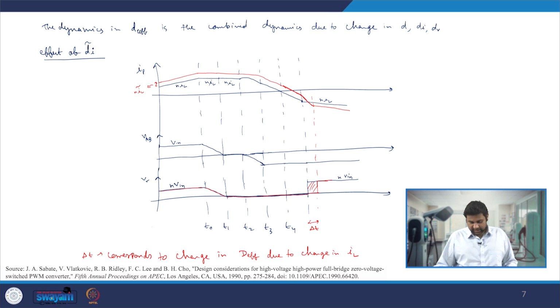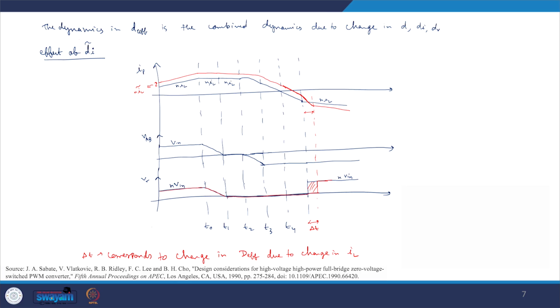Now if we look very carefully, in this period of time, it changes from this period to this period. This is the time. So the slope goes from this point to this point. So let us try to write the equation corresponding to that.